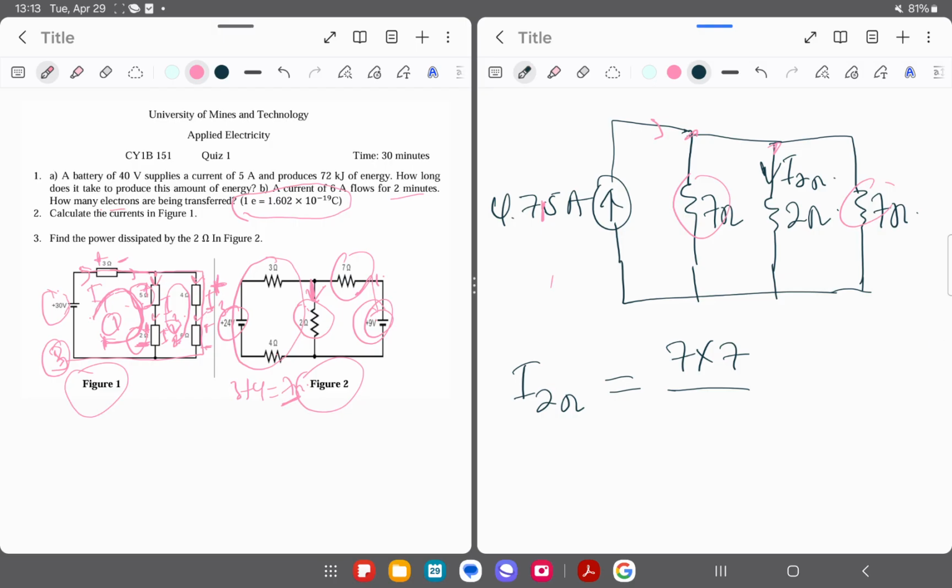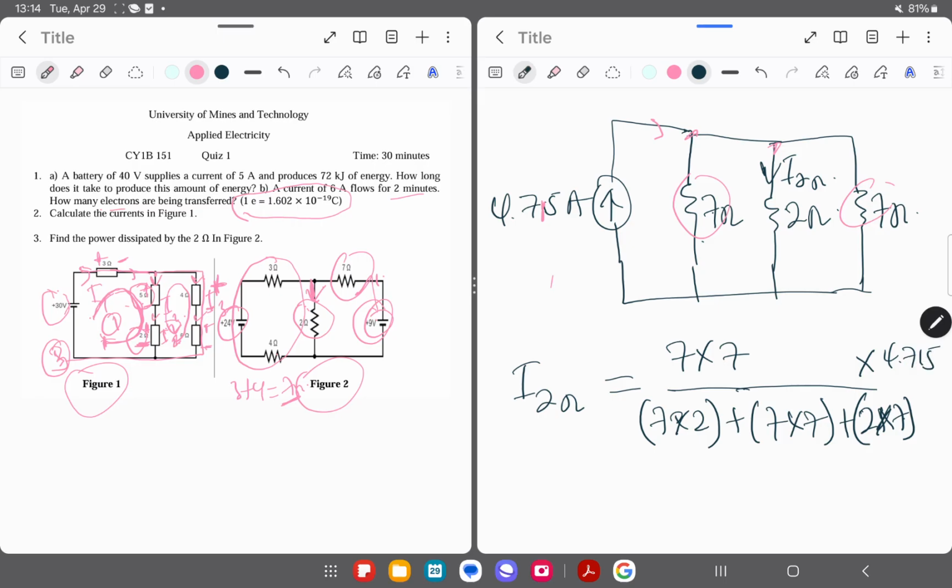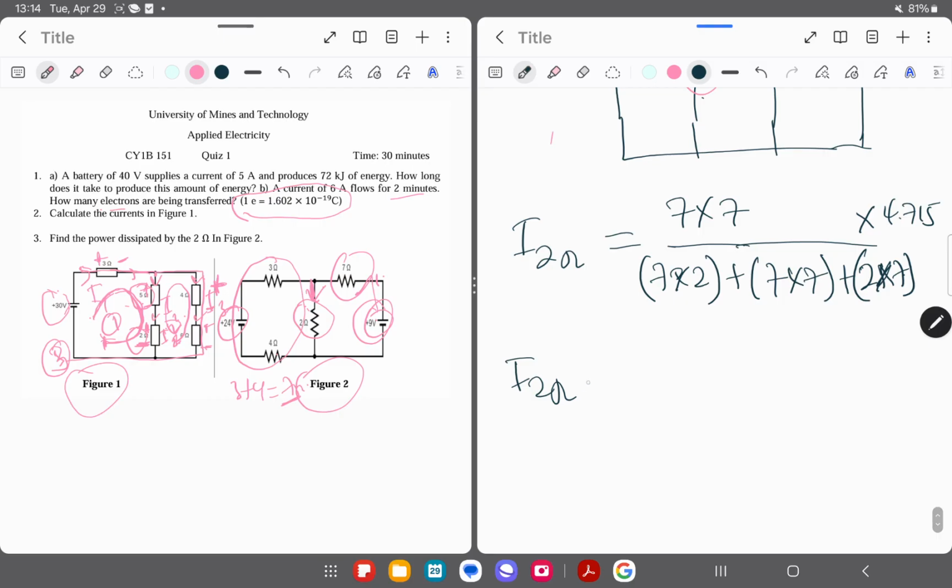I'll take first 7 and 2, times this, plus 7 times 7, then plus the last one, 2 times 7, then times the current, which is 4.715. With this, I get close to 3 amps.